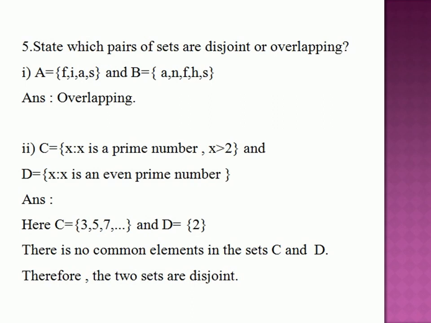Second subdivision, C equal to x such that x is a prime number, x greater than 2, and D equal to x such that x is an even prime number. So the set C is the prime numbers greater than 2: 3, 5, 7 and so on. And D equal to the set of all even prime numbers. Even prime number is 2. In these two sets there are no common elements. So these two sets are disjoint.